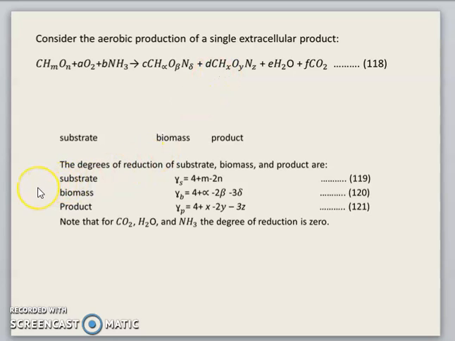The degree of reduction of substrate, biomass and product can be written as the following equations, where the substrate is CHmOn.